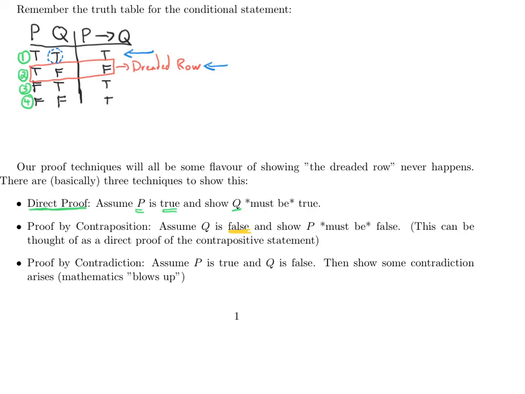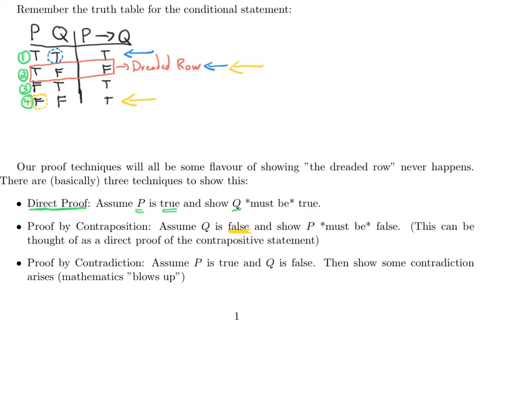Well, Q is false in rows 4 and 2. And again, we want to avoid row 2. So that means we need to show that the dreaded row never happens, that P is never true. So P must be false. And that's a proof by contraposition.